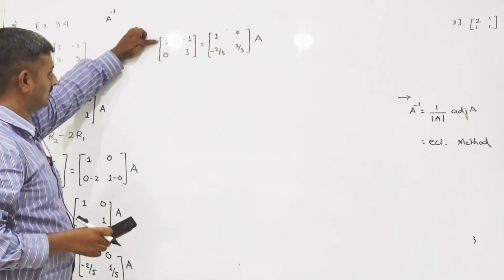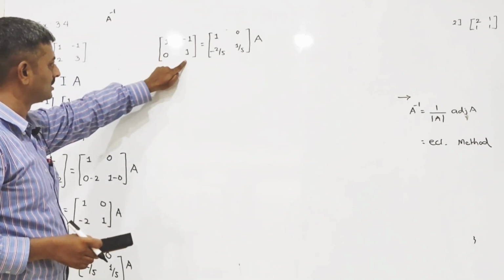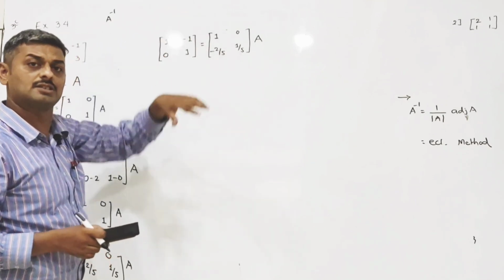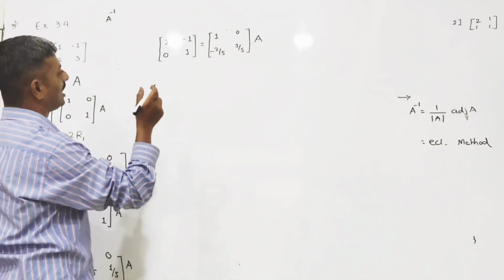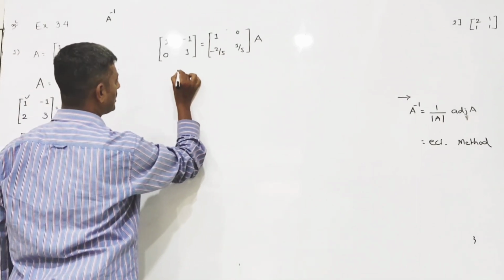Now 1 is there, 0 is there, 1 is there. Now I want 0 here because I want to make this an identity matrix. So what am I going to do?